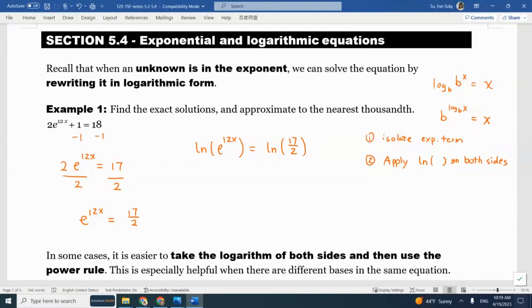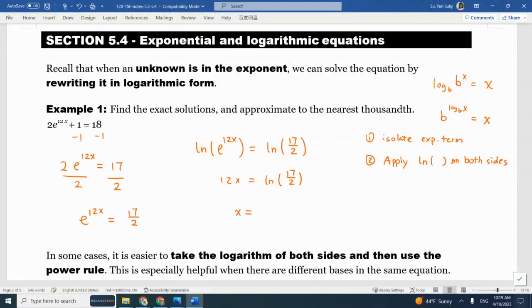Do you see ln and e, the inverse functions, they cancel, right? So what do we get? Quinton. ln and e cancel. So what's left? 12x equals ln of 17 over 2.